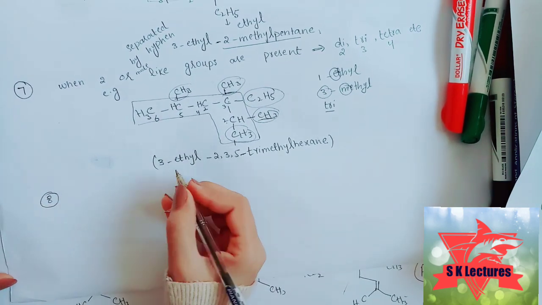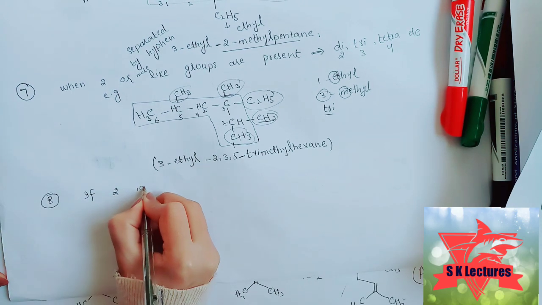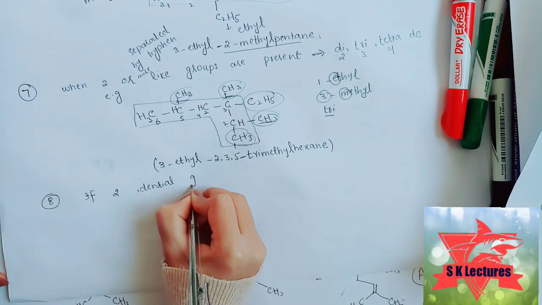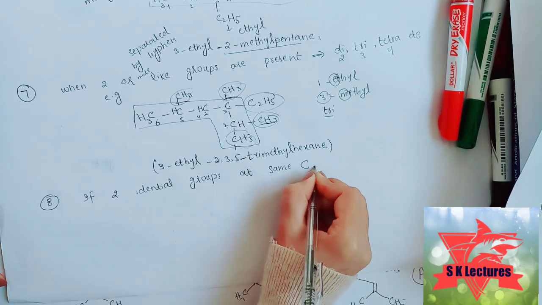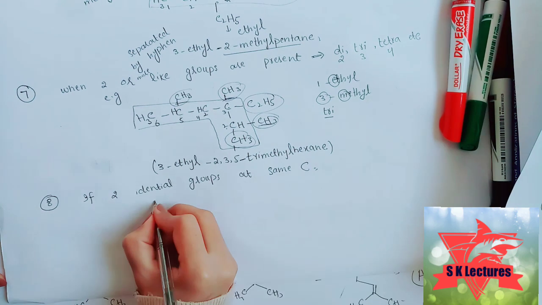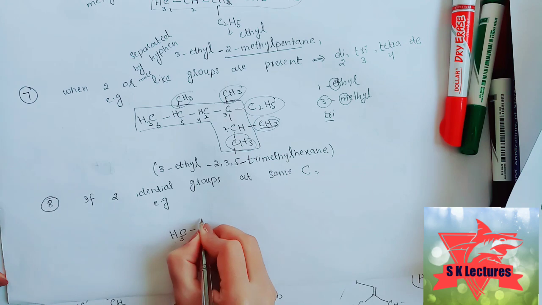So the eighth rule is, if two identical groups appear at the same carbon atom, not on separate carbon atoms but on the same carbon atom, then the number is repeated twice and separated by commas. It means we will write the number of the carbon two times, separated by a comma.